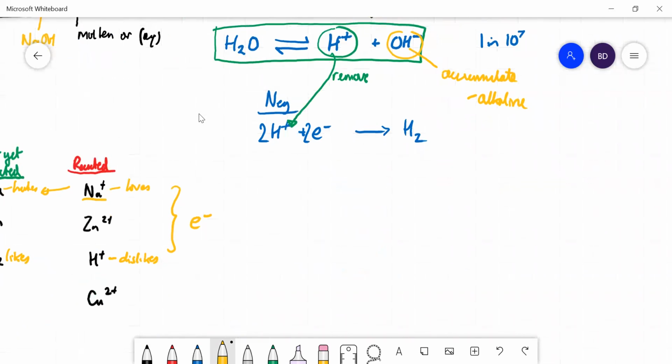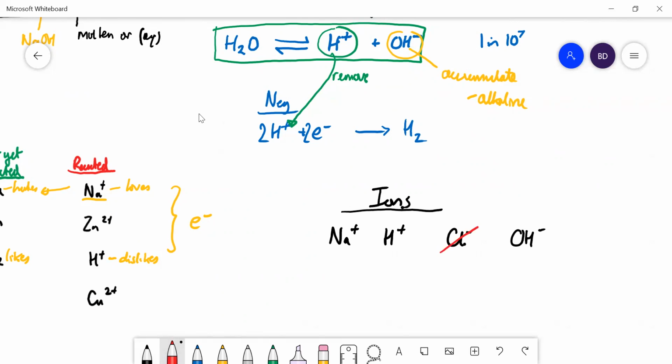So which ions do we start off with in the solution? We have Na+, H+, Cl-, and OH-. What happens during electrolysis is the chloride ions get removed to form chlorine gas.